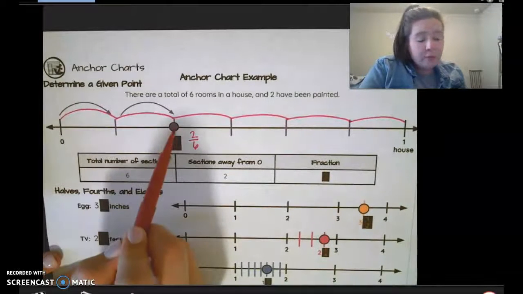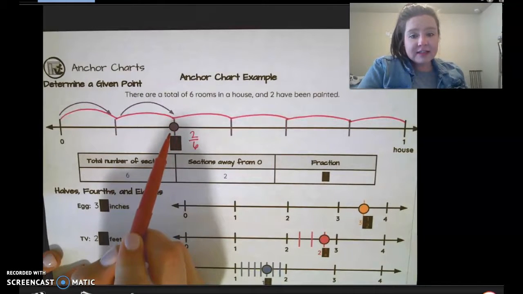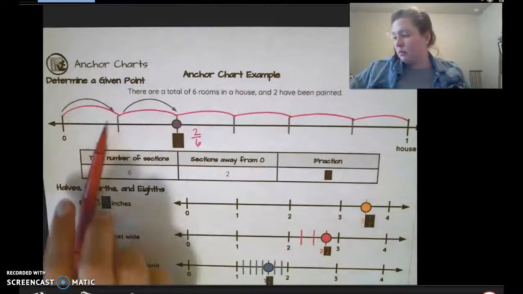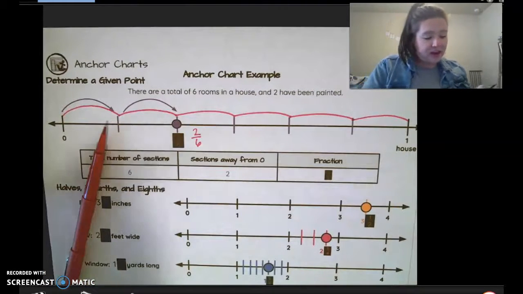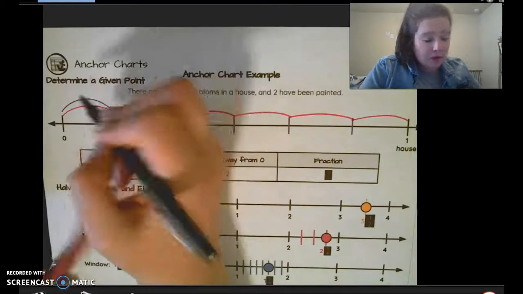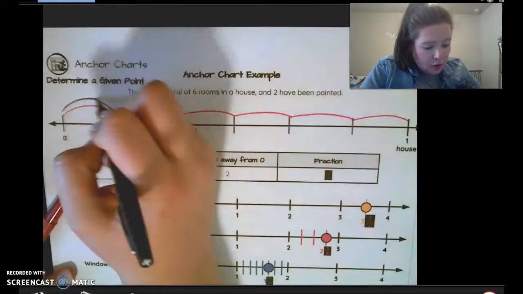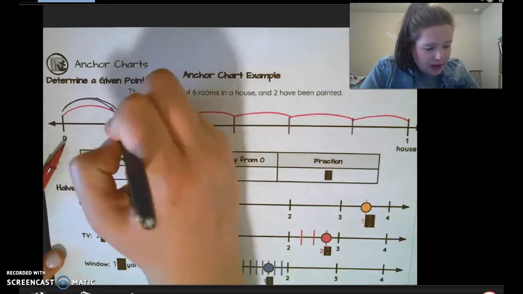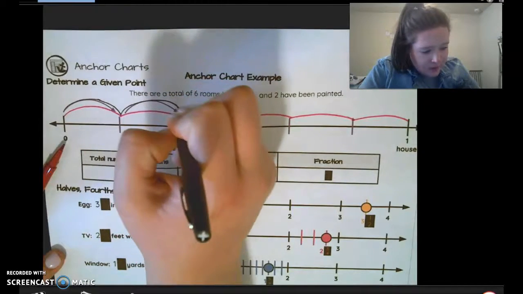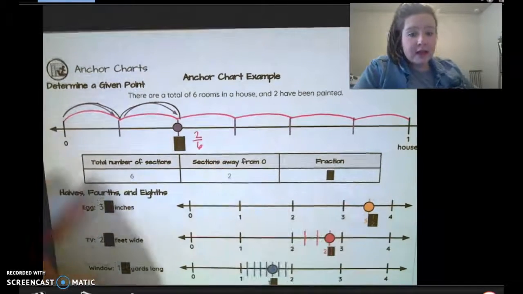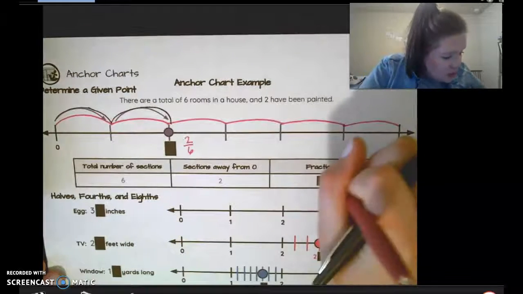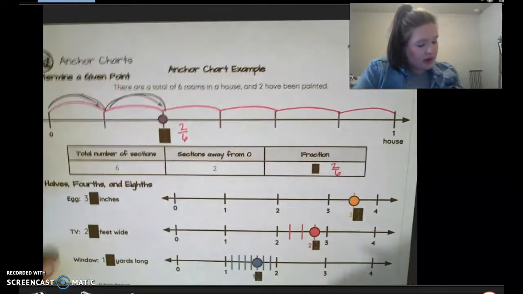So wherever your point lands, that is where your fraction is. And they already did it for you up here. So 1, 2. All right? So that fraction is 2/6. Okay?